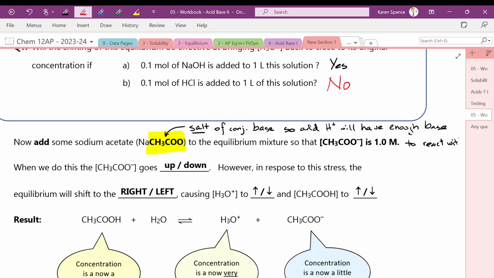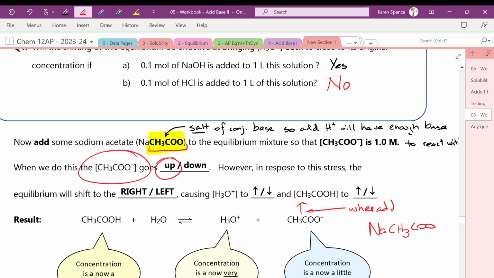So when we add this sodium acetate, the concentration of acetate goes up. So this goes up when we add NaCH3COO. So it's going to shift to the left.